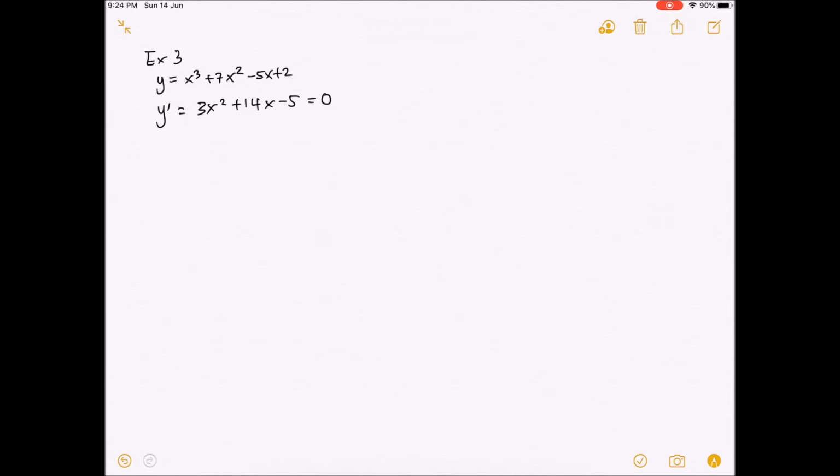Equate y prime equals 0. Okay, you can use your calculator to find the roots of x. I have here x equals 1/3 and x equals negative 5. Okay, so this is the value of x only, so you have to find the value of y.